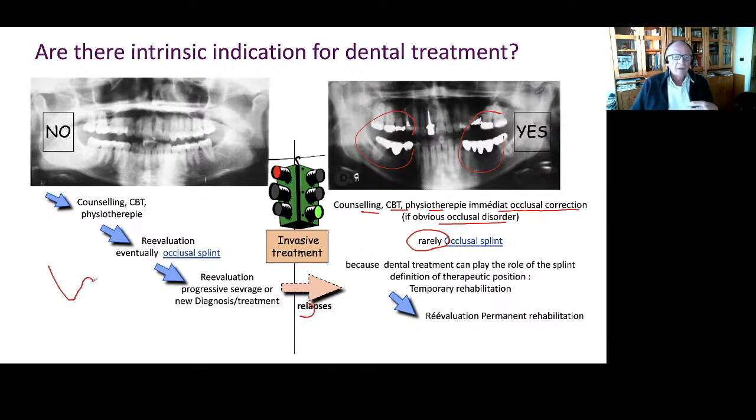You restart counseling, physiotherapy, even a splint, and he relapses. He puts in the splint, it's okay. He stops wearing the splint, he relapses. In this condition, you can ask for modification of natural healthy teeth.